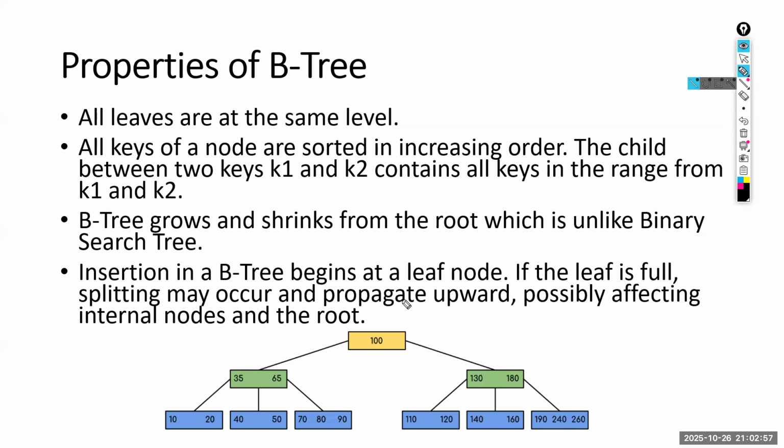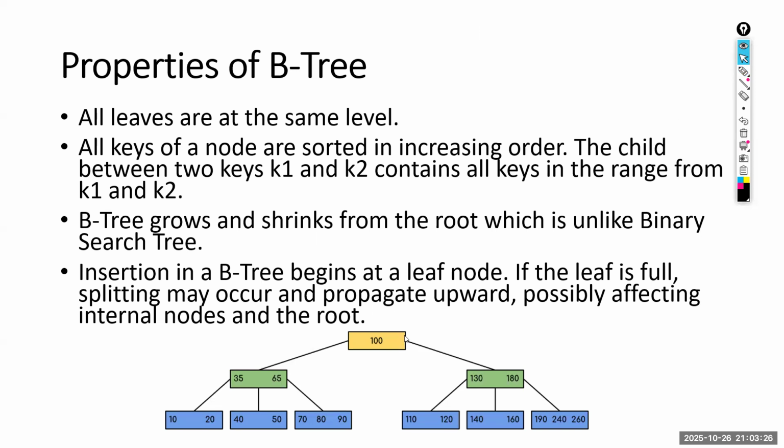So the new data is added to the root. Now, usually we add it to the leaves. But in B trees, we add it to the top, and then depending on the requirements, you need to restructure it. That restructuring logic can vary depending on your requirement. Therefore, we are not going to look at the exact restructuring algorithms.